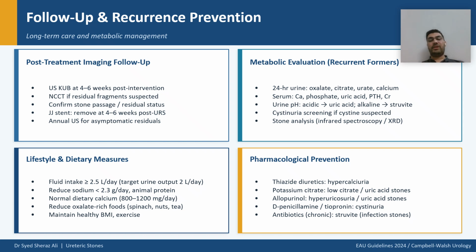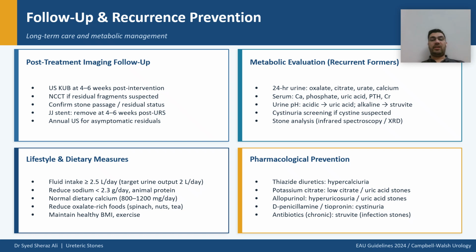Urine pH is particularly important. Persistently acidic urine predisposes to uric acid stones, and persistently alkaline urine with recurrent infection suggests struvite. Any stone retrieved should be sent for analysis using infrared spectroscopy or X-ray diffraction.